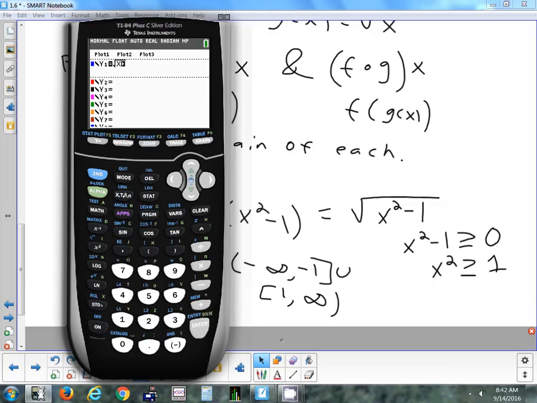Square root of x squared minus 1. So you're going to get this kind of shape that goes in each direction, with this gap in the middle. Okay, any questions on that?